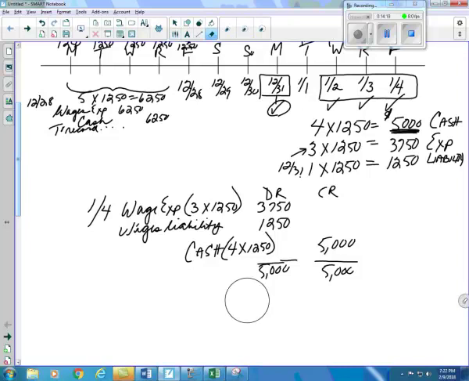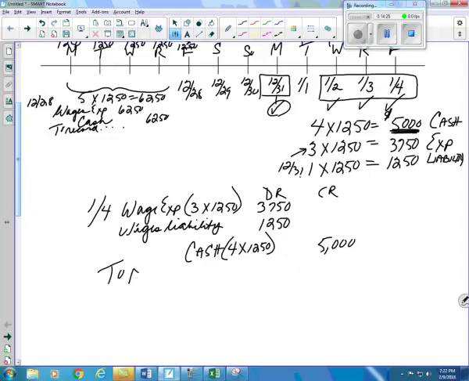And we need to write our description to record wages paid for the week. Okay, so that completes how to make an adjustment for wages payable or salaries payable. Remember, we can have any combination of dates.